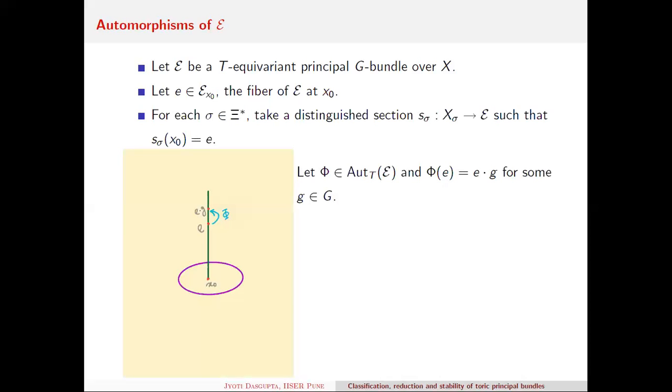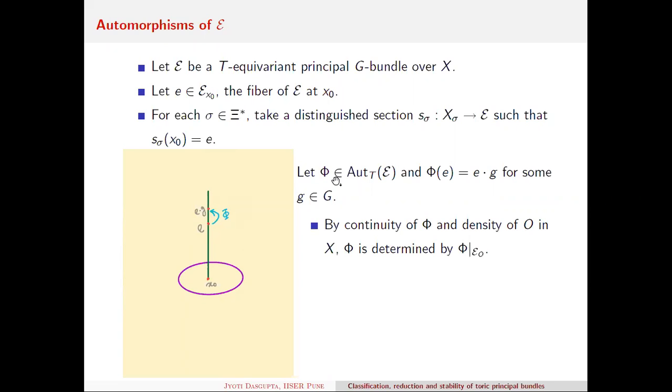So now we take some T equivariant automorphism phi and look at the image of E under this automorphism. Suppose this is the point, which is again in the fiber of X naught because we are taking a T equivariant automorphism. And because of the transitivity of the G action, it will be of the form E dot g. The claim is this is enough to determine this automorphism.